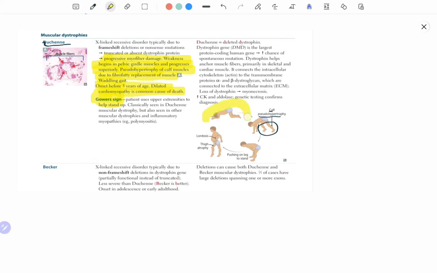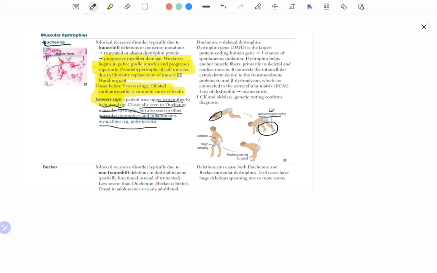What this diagram shows is the patient trying to stand up with the help of the upper extremities. The patient uses the upper extremities to help stand up, and it is classically seen in Duchenne muscular dystrophy, but also seen in other muscular dystrophies and inflammatory myopathies, like polymyositis.